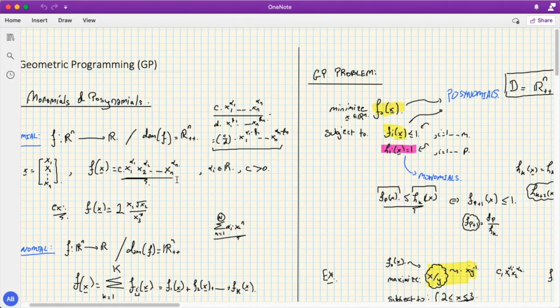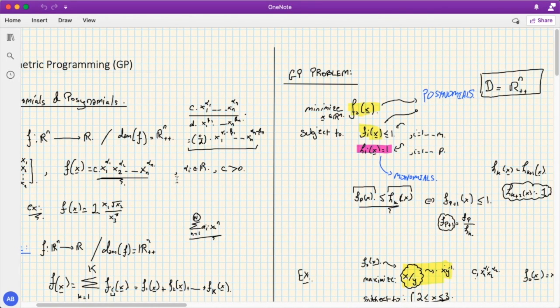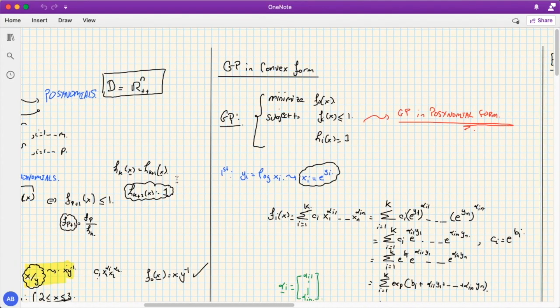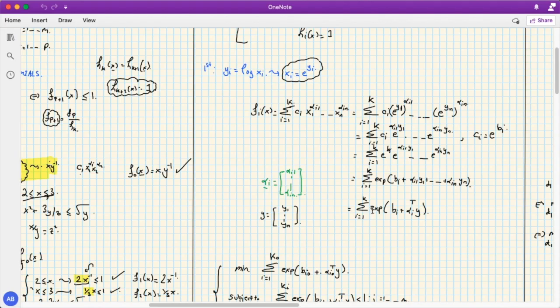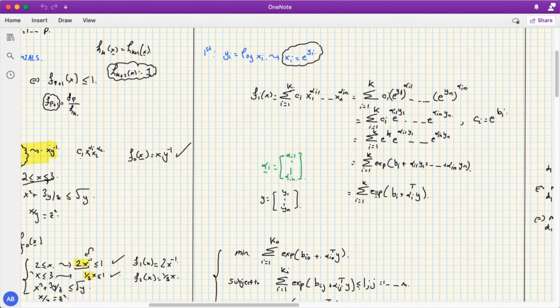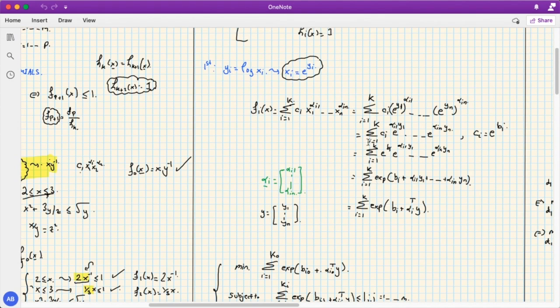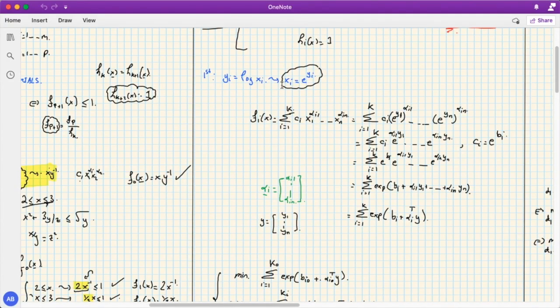Now the log-sum-exponential function is not directly a posynomial. You need to do a change of variables in order to see that. We talked about this over here, I believe. Yes, over here. We took the change of variable where each xi is exponential of yi, and in this case you can see that the sum of exponentials is a posynomial.